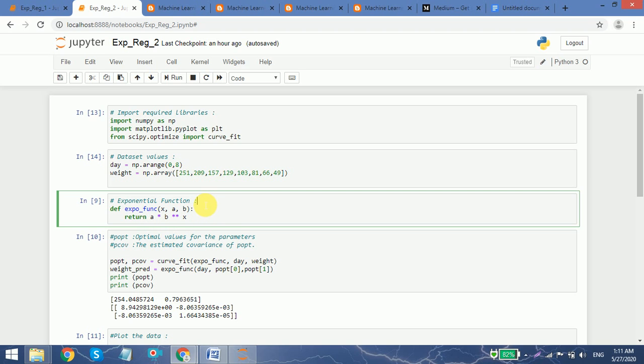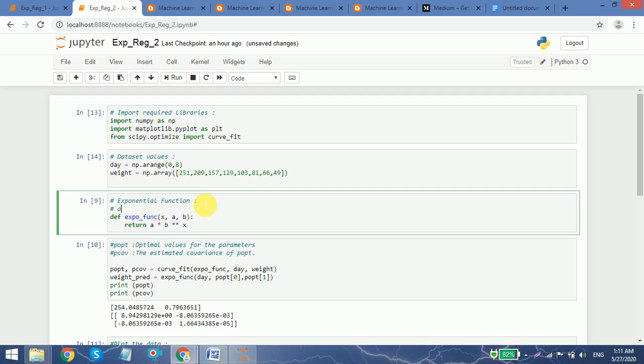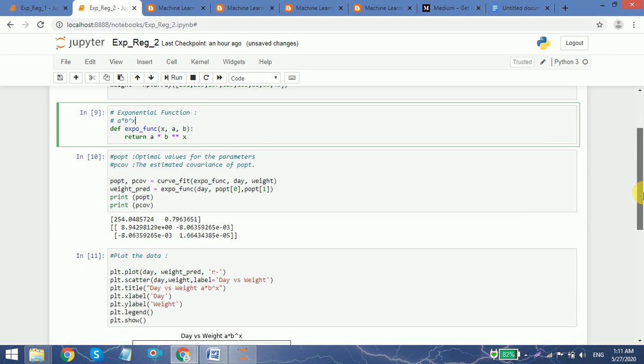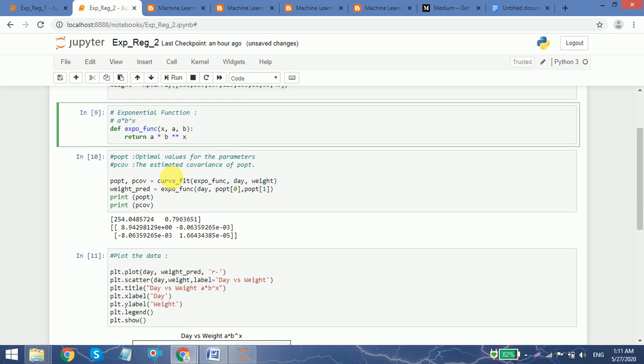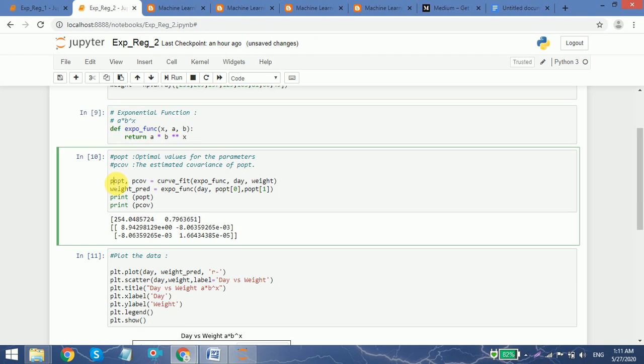In our previous section we had to find the value of our optimum parameters by all such calculations, but here you can see that we found our optimum parameters in just one line.